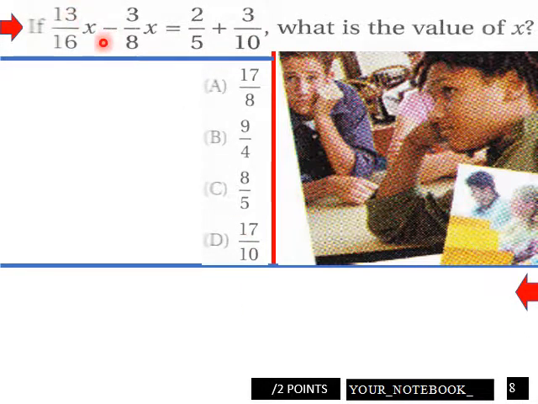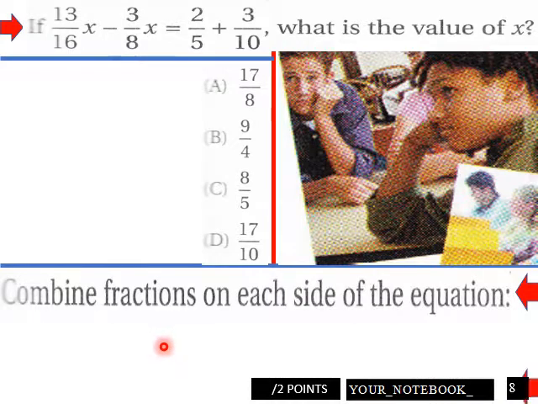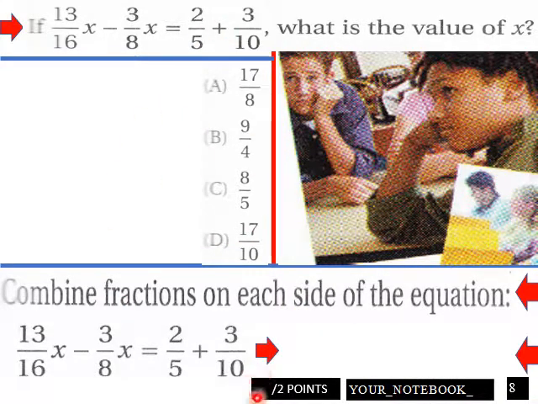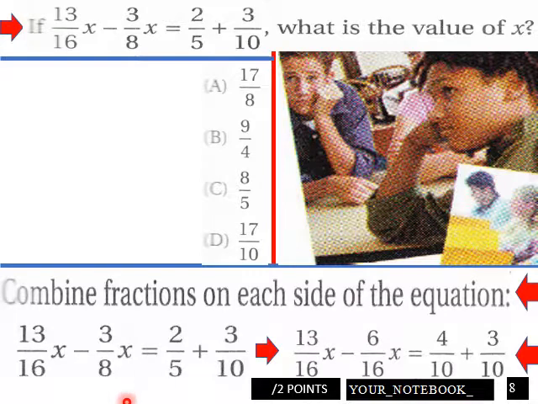If 13/16 x minus 3/8 x equals 2/5 plus 3 over 10, what is the value of x? Here are our choices. Combine fractions on each side of the equation. So we get this when we combine these. And we get 13x minus 6x over 16 equals 4/10.